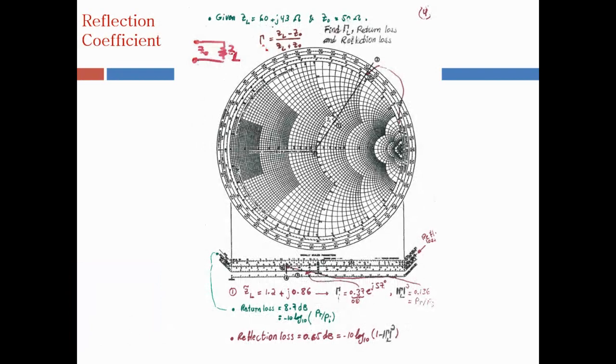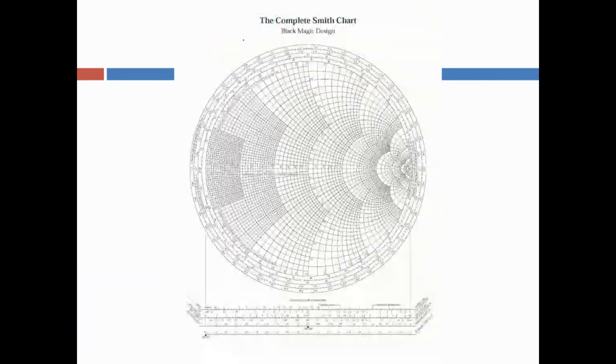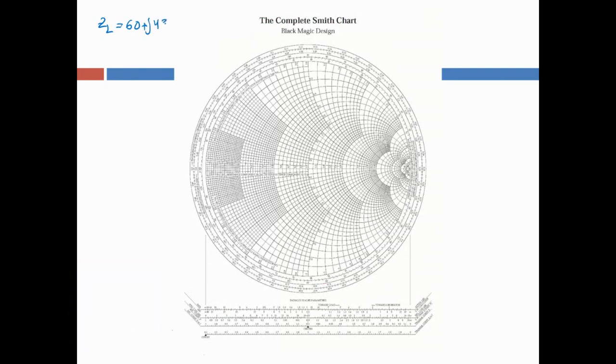So we have a load ZL that is 60 plus J43. I intentionally wrote it so these are going to be fractional. And then ZO is equal to 50. For the given ZL, we want to determine gamma, which is the reflection coefficient.